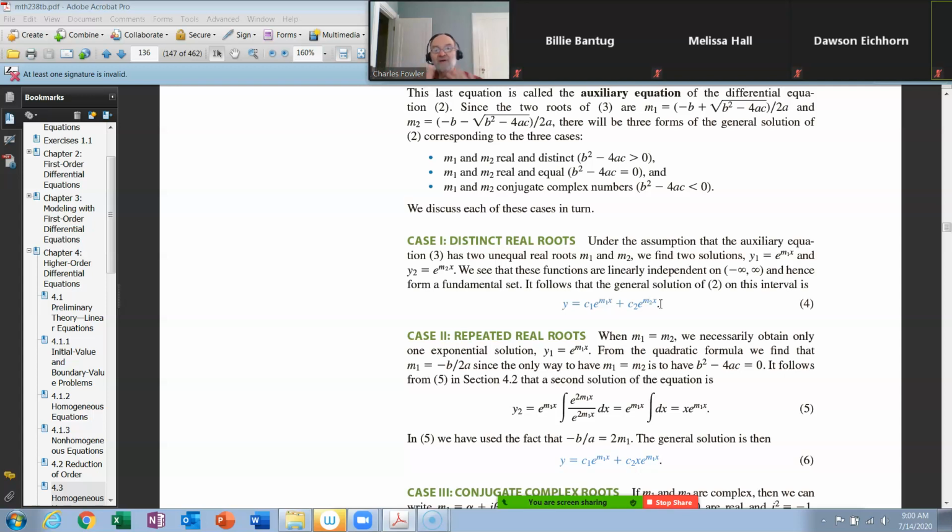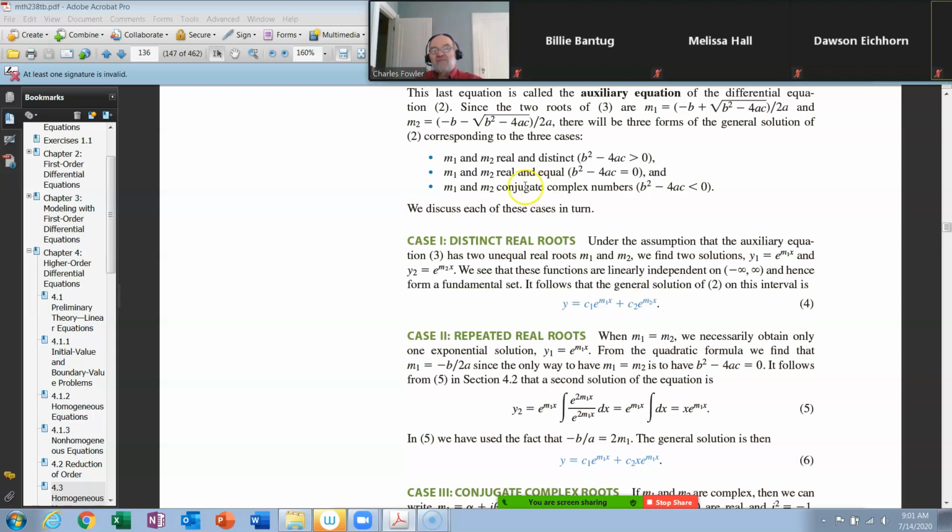You have solved your first higher order linear homogeneous differential equation. Okay? You first find that auxiliary equation, factor it if you can, come up with M1 and M2. If it won't factor, use the quadratic formula. As long as that discriminant is positive, you're going to get two real distinct solutions.